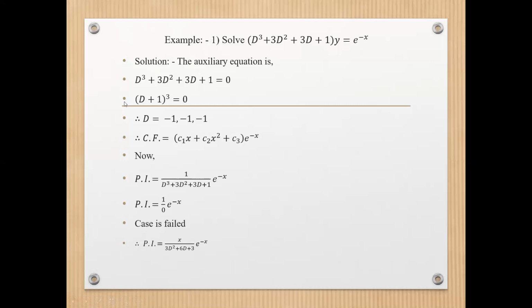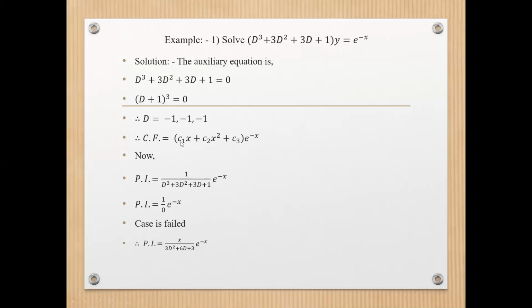Corresponding to these roots, by using case number 2, we get the complementary function as (c1 plus c2x plus c3x square) into e raised to minus x. Half of this example is completed, because we have found the complementary function of this linear differential equation.